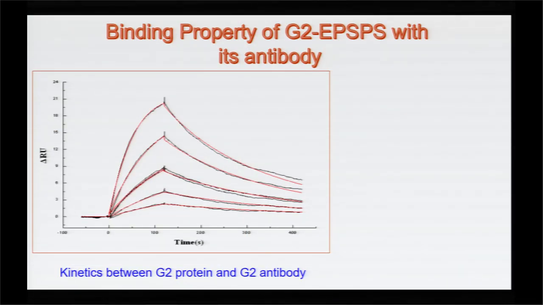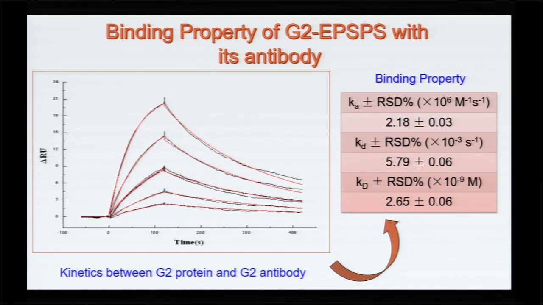So when we have the active concentrations, we can use this data to accurately characterize the interaction between antigen and antibodies. This is the example. We use active concentration to calculate the kinetic and thermodynamic constants between G2 protein and its antibody.